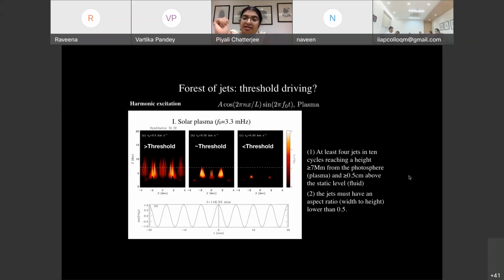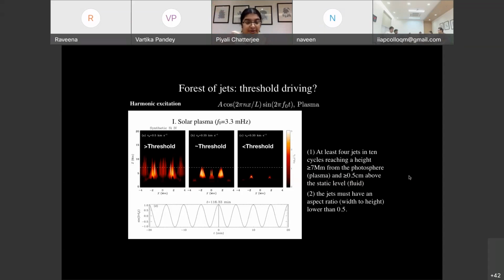And the other condition is it should be a jet, it should be an elongated structure. So the aspect ratio, width to height, should be lower than half. These are the conditions we have imposed. It is possible to change it, of course, but for the time being, we will look at the phenomenology from the point of view of these conditions.